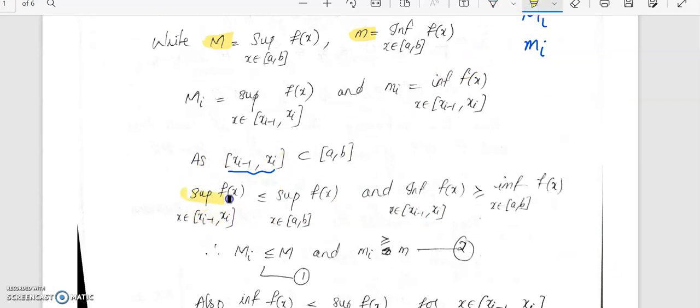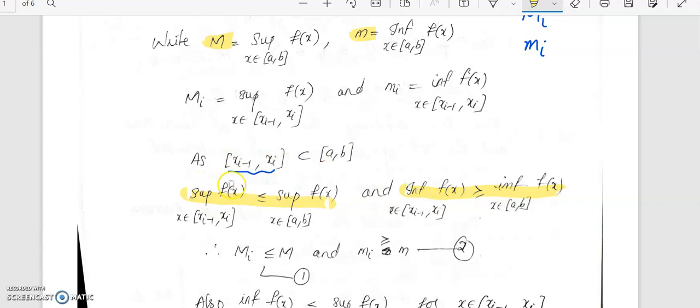The supremum of f(x) over [xi minus 1, xi] will be less than or equal to the supremum over [a, b] of f(x). Similarly, the infimum of f(x) in [xi minus 1, xi] will be greater than or equal to the infimum of f on the closed interval [a, b]. That gives us these two relations. This is capital Mi, this is capital M, and this is small mi and this is small m.